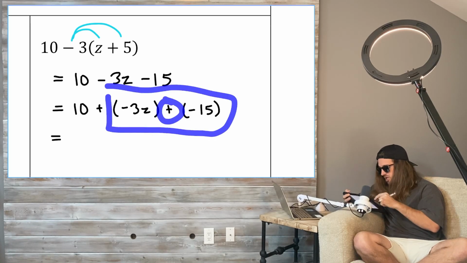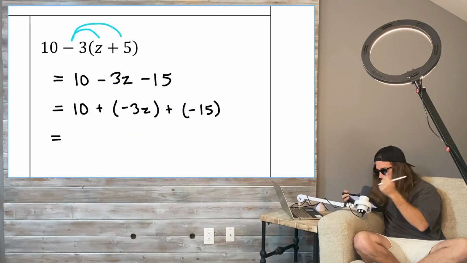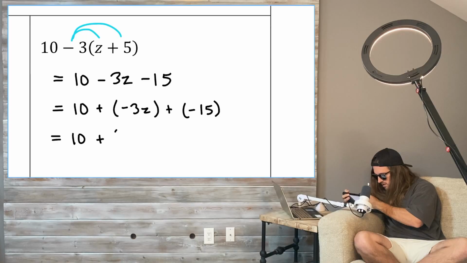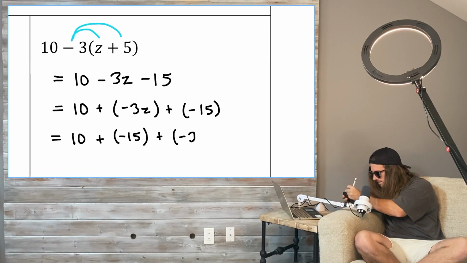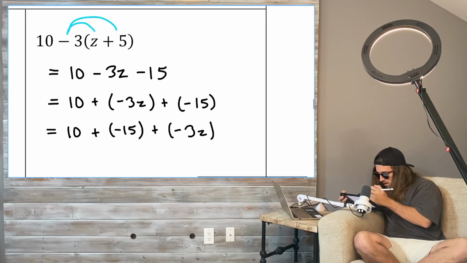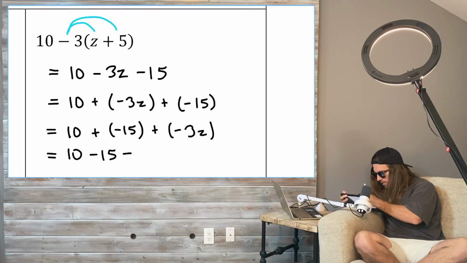This is now addition. And I can swap that. A plus B is the same thing as B plus A. So this becomes 10 plus negative 15 plus negative 3z. Wow. I can't draw threes. Here we go. And this becomes 10 minus 15 minus 3z.